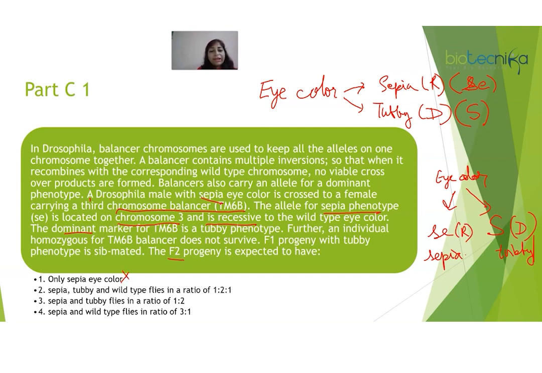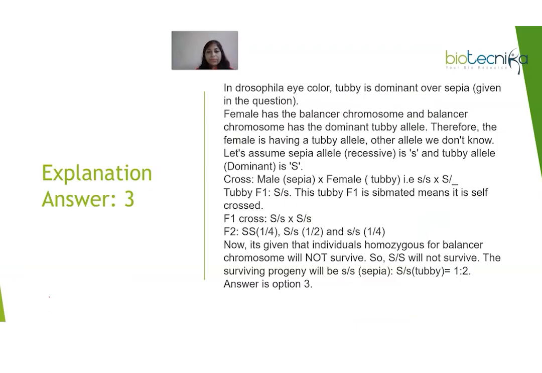Sepia, tubby and wild type flies in the ratio of 1:2:1: wrong, because homozygous for tubby will die. Sepia and tubby flies will be seen in the ratio of 1:2: yes. Sepia and wild type flies in 3:1: again wrong. So this is the correct answer. In the F2 progeny, this proportion will not survive, so sepia to tubby is 1:2.